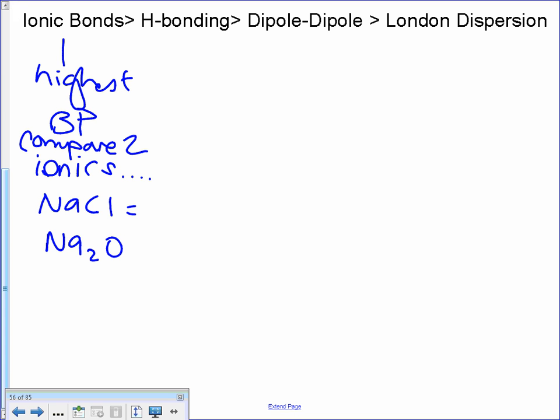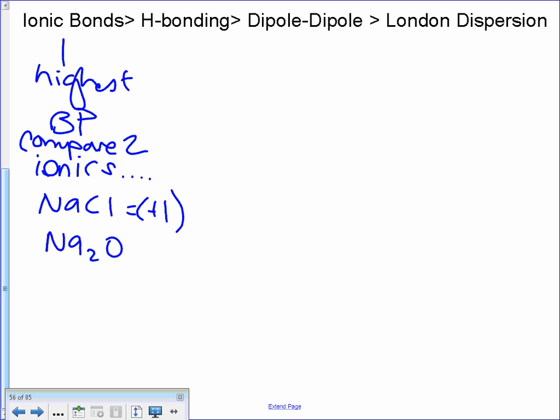What's the charge of the sodium? Look at your periodic table. Tell me how many valence electrons sodium has. How many valence electrons does sodium have? One. So what's its charge? Well, it loses an electron, so positive 1. Okay, so sodium has a positive 1.